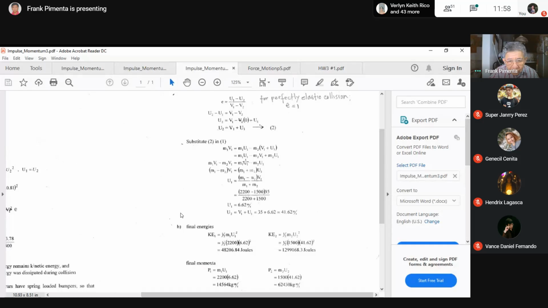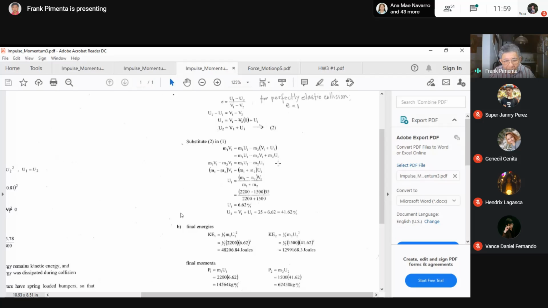So if we simplify, M1 U1 minus M2 B1 plus M2 U2, transposing, or M1 B1 minus M2 B1 equals M1 U1 minus M2 U. That is the equation here.